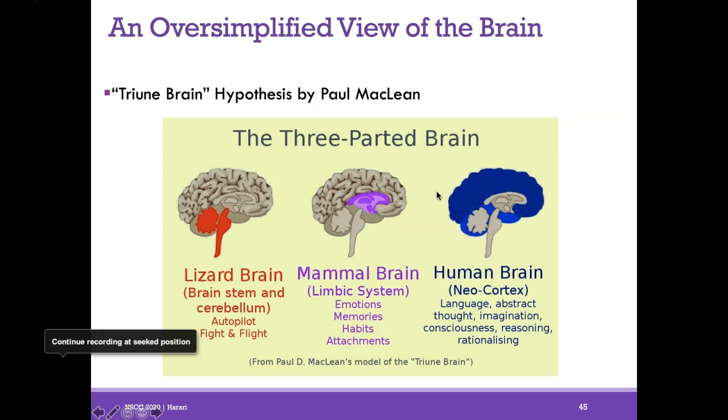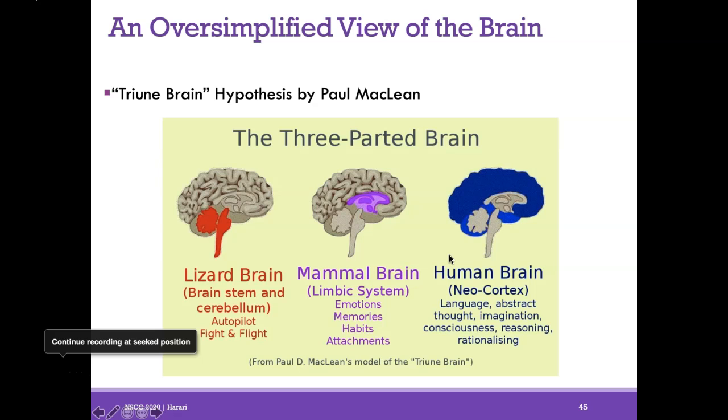And then finally, the human brain or the neocortex, right? Neo means new. So the cerebral cortex or the neocortex was the most recent to evolve. And this is where we get our ability for complex language and abstract thought, our imagination, and our consciousness and reasoning.